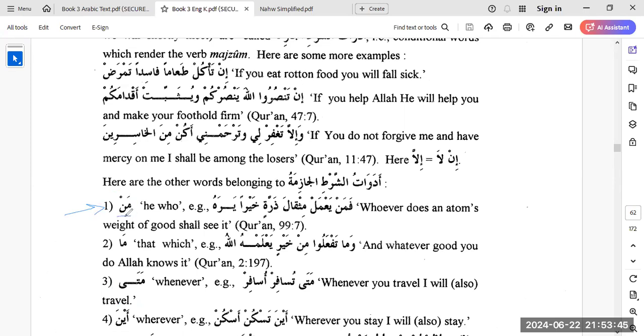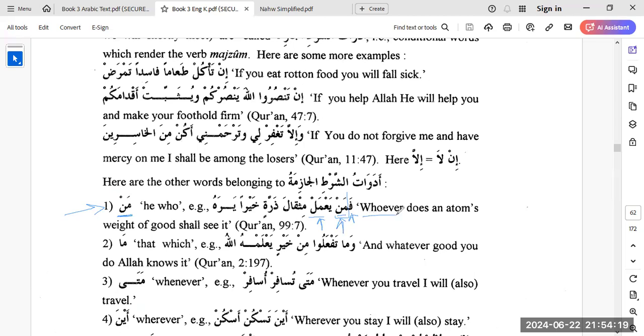But here it will translate into a conditional sentence. So for example, we have fa man. This fa is like you say and or so, the same fa as in the beginning, where you start a sentence. So man ya'mal. Faman ya'mal. What's ya'mal? It's a fi'lun mudari'un majzumun. We didn't say ya'malu. So the moment you find a fi'lun mudari'un majzumun, this man is not istifham. It doesn't mean who, it will mean whoever.